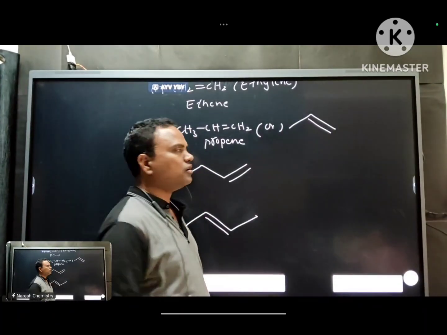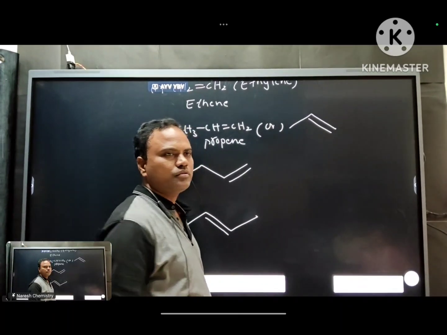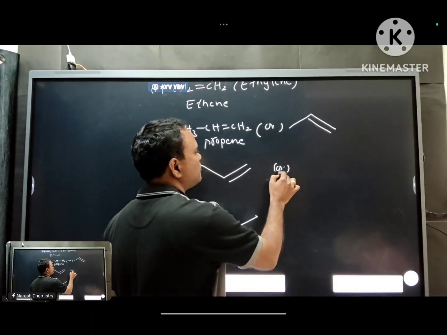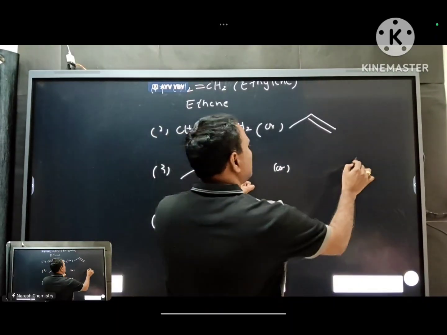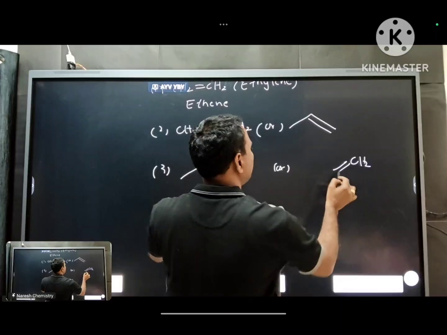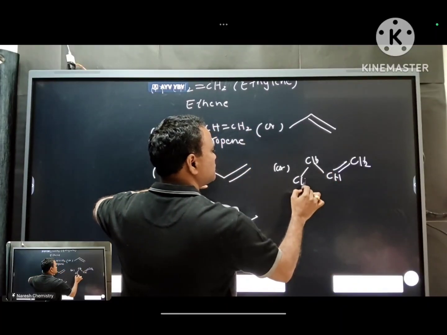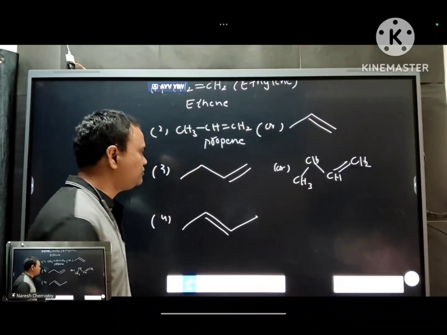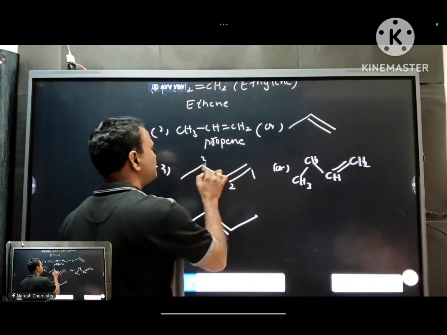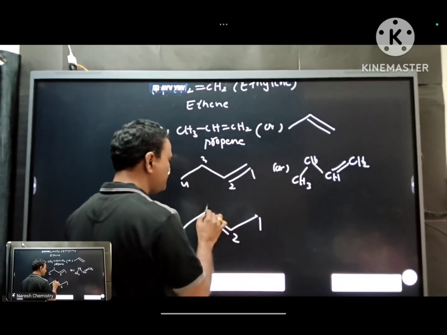Sweta, can you draw the normal structure for this? This is bond line, no? Your terminal CH2, double bond, CH, CH2, CH. What is its name?